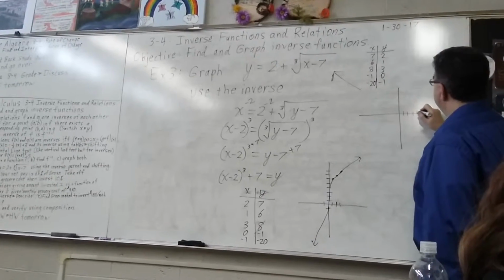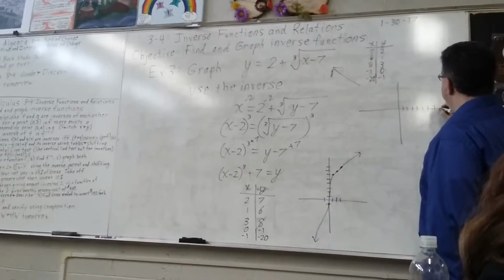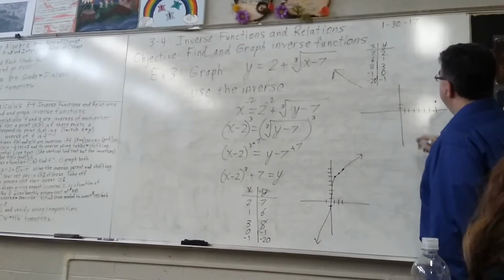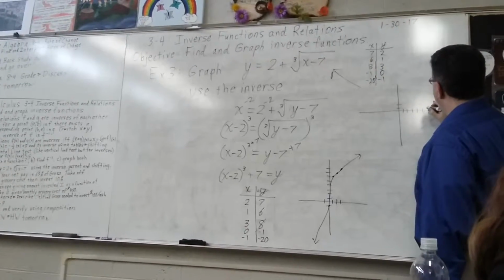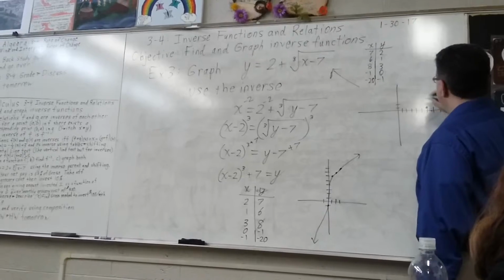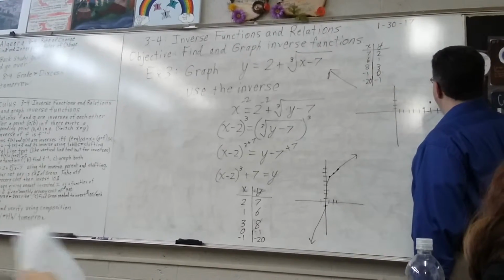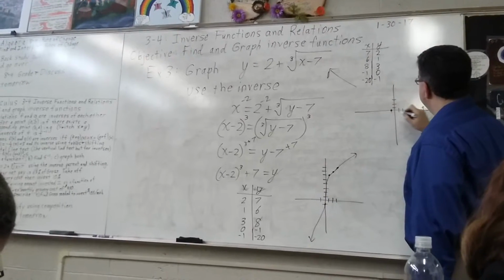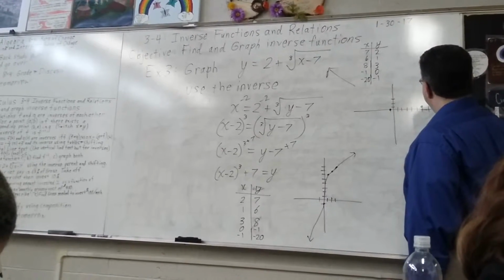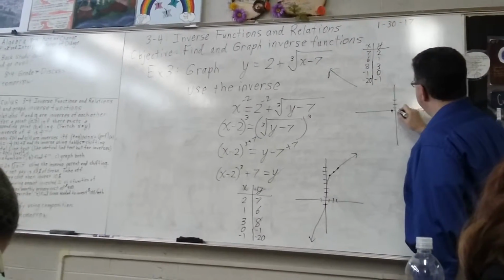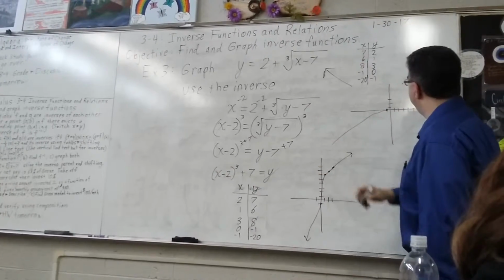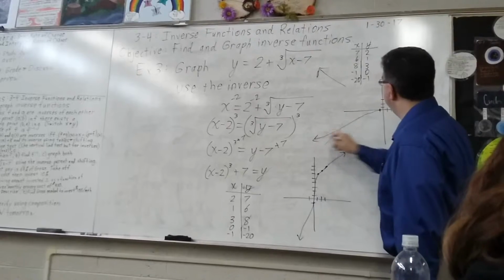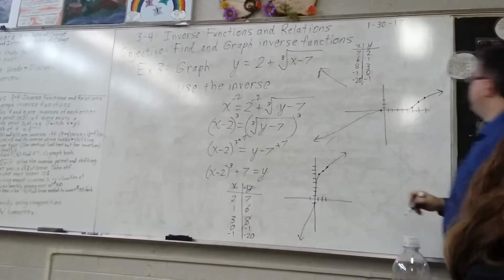And so 1, 2, 3, 4, 5, 6, 7, and 2, 6, and 1, 8, and 3, negative 1, and 0. And so we'll get this shape that'll kind of go on here and then it'll fall, following approximately the same pattern each way.